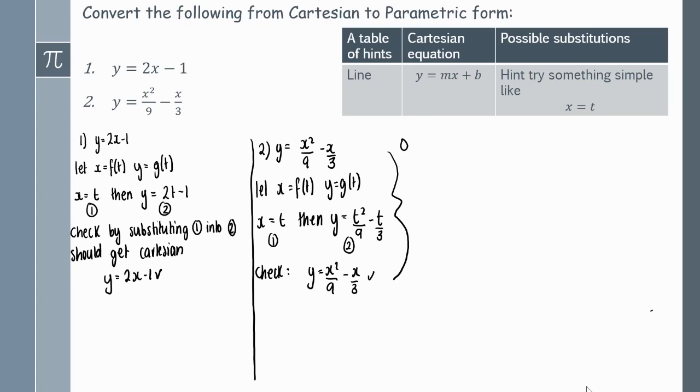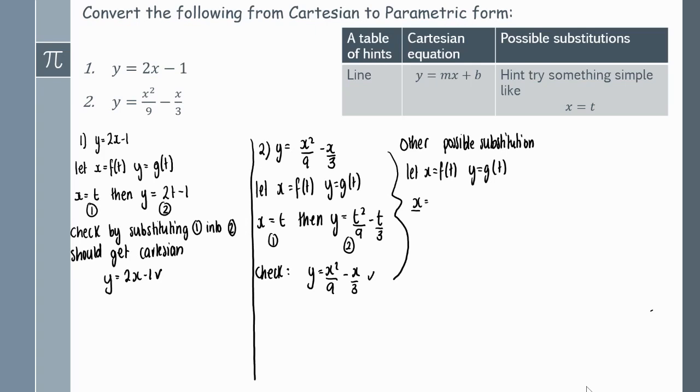So, for instance, a different method could be to let x equal something different. I can see both of these terms in my Cartesian equation have an x over 3.